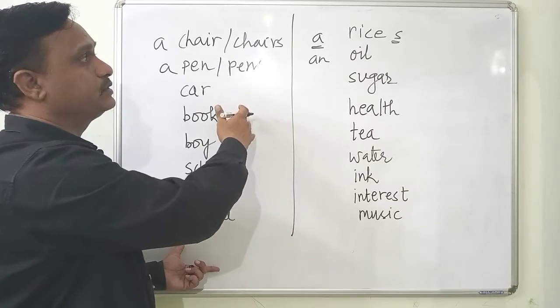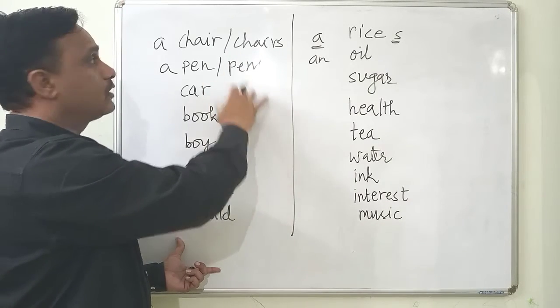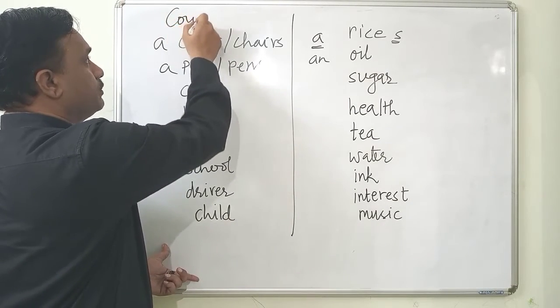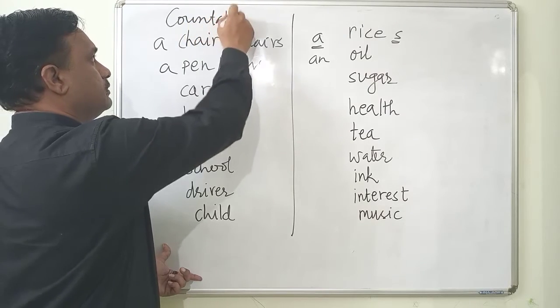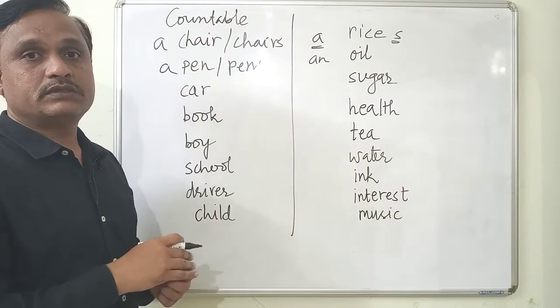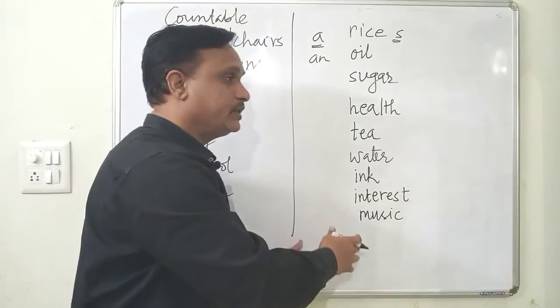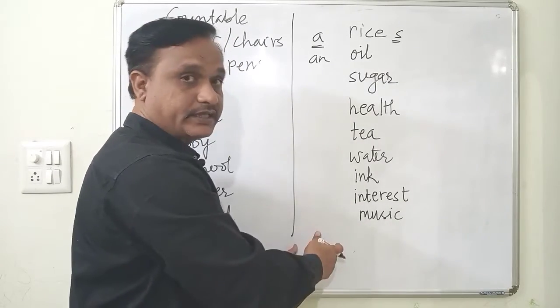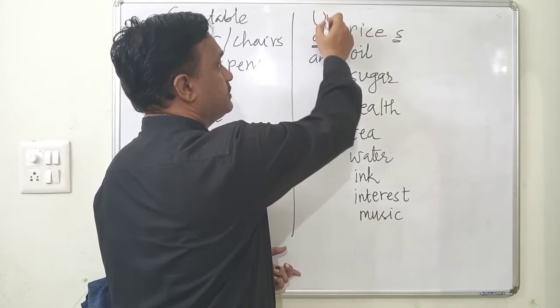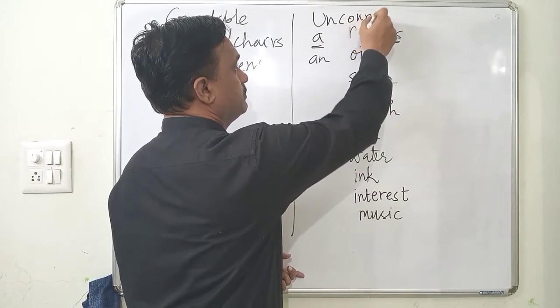So these nouns which are counted are called countable nouns. And these nouns which cannot be counted like this are called uncountable nouns.